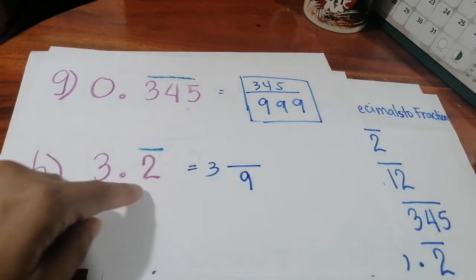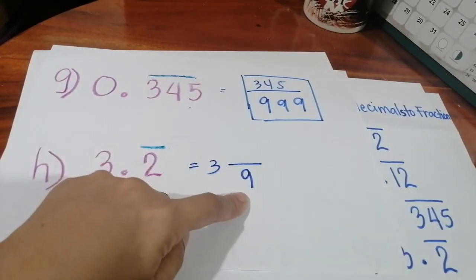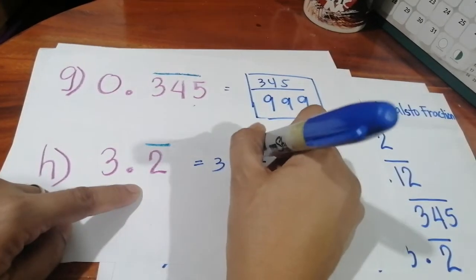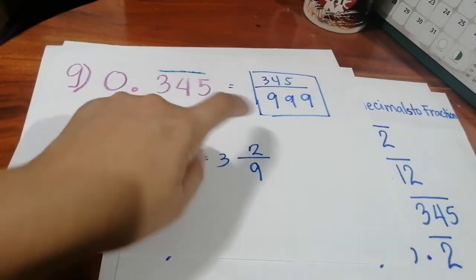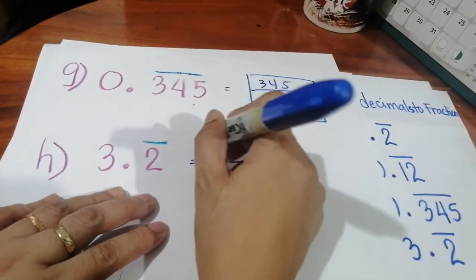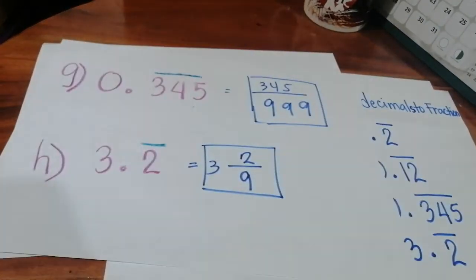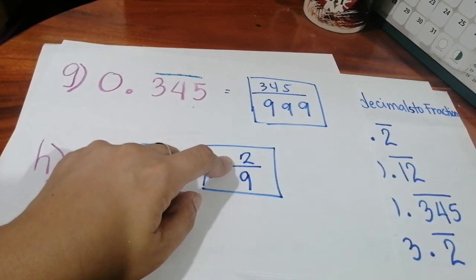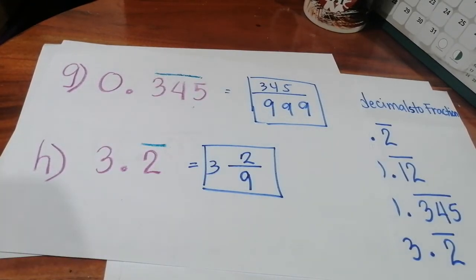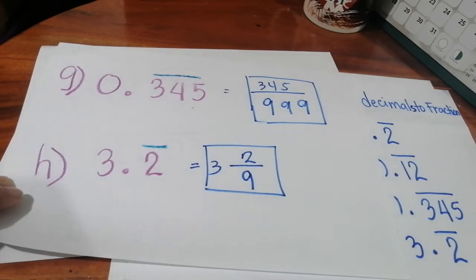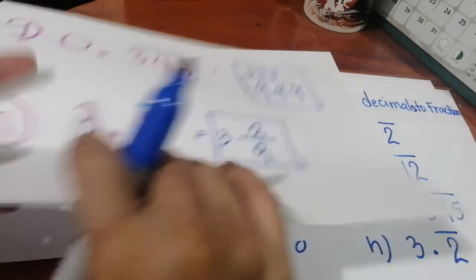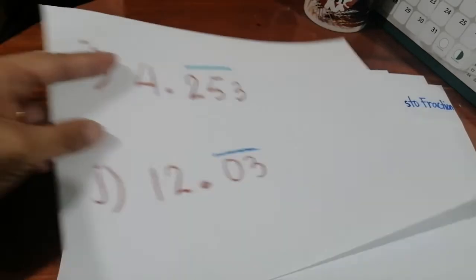And since there's only one digit after that, there's only one 9. And then just copy the 2. So the final answer here will be 3 and 2 ninths. You cannot simplify 2 over 9 into a simpler fraction because this is also already in its simplest form.